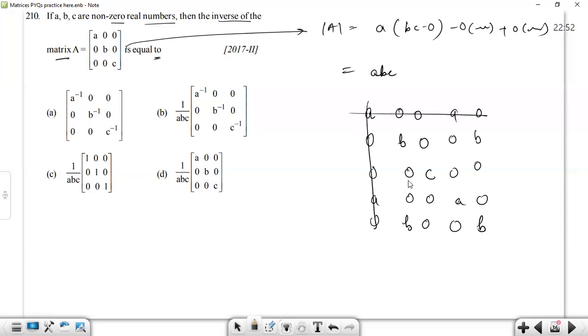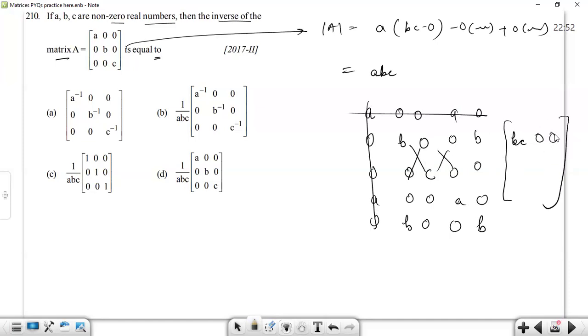Cancelling the first row and first column, bc should be the first element, and this 0 into 0, 0 minus 0, 0, 0 minus 0, 0.